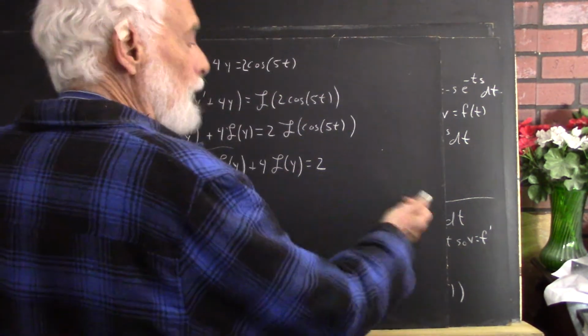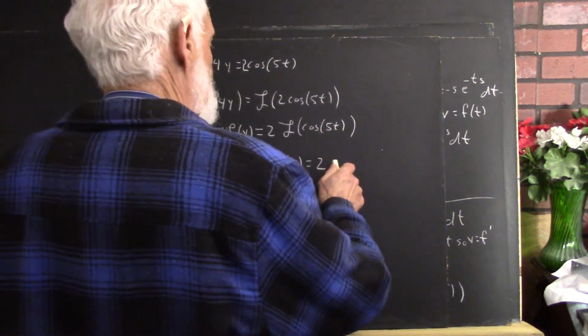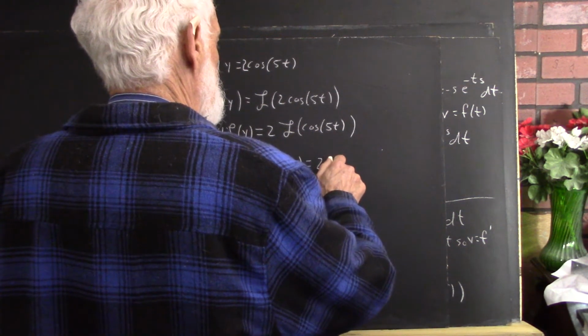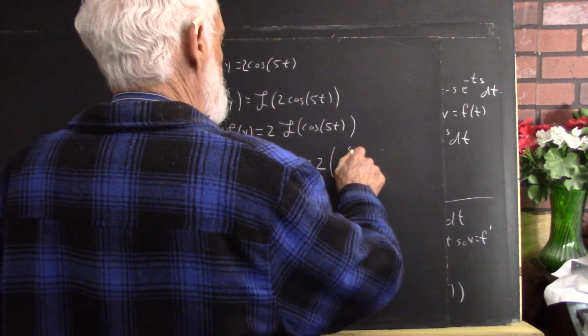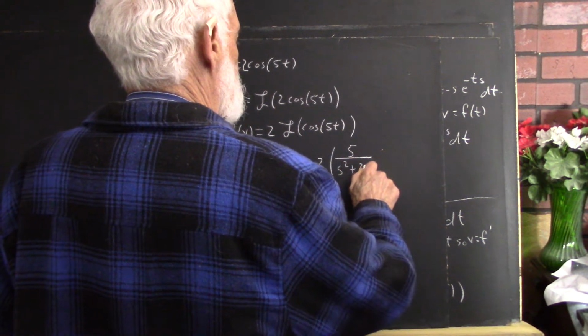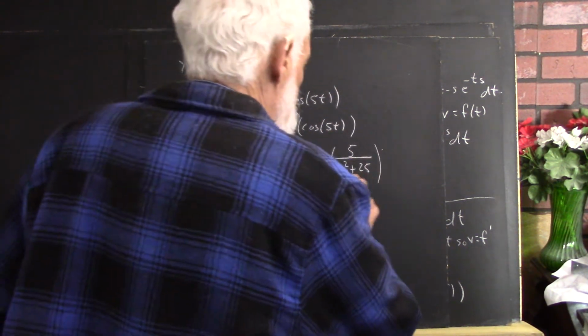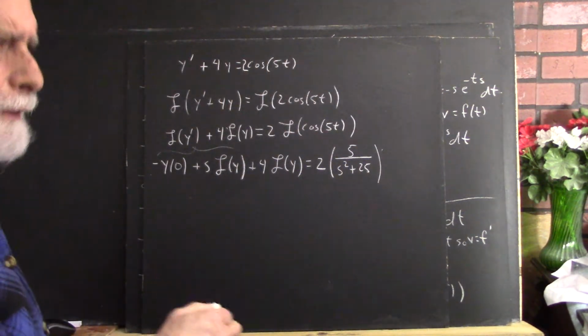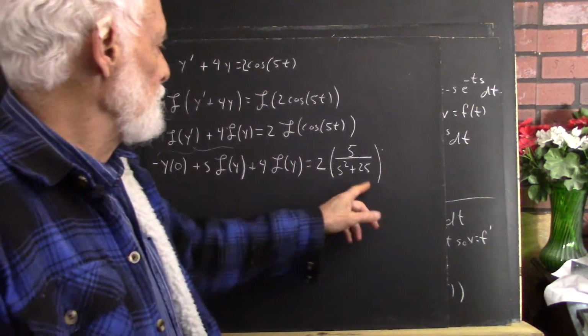Okay, so k is 5. So s squared plus k squared is s squared plus 5 squared, which is s squared plus 25.